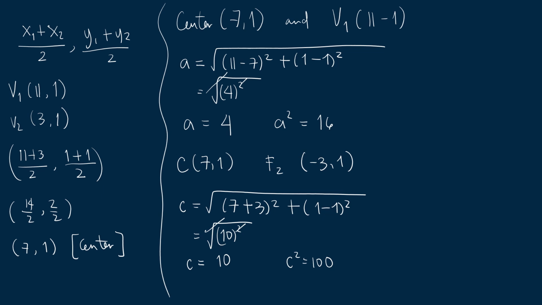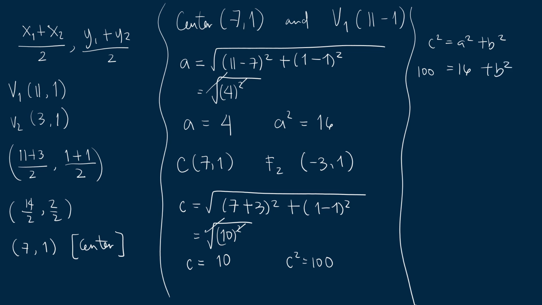And that 100 will help us to determine our standard equation because we can use the c squared in the Pythagorean identity. c squared is equal to a squared plus b squared, where a squared is equal to 16 and your c squared is 100. Then manipulating on our given, we can now transpose or move 16 to the left side of the equation. 100 minus 16 is equal to b squared.